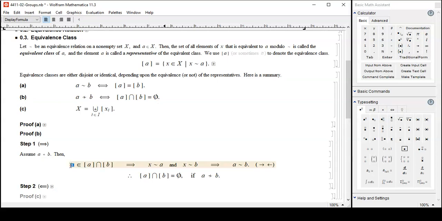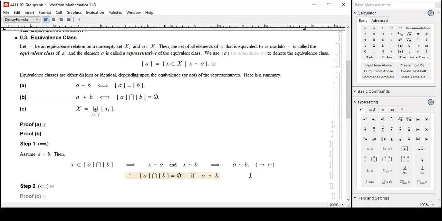Select X from the intersection, so it belongs to A, and also it belongs to B. But then again, if you use the transitivity, X is related to A and X is related to B, then A and B are related. But that's a contradiction, you see. We started with A and B not related. So what's the conclusion? This can't happen, so there's no such X. We have an empty set.